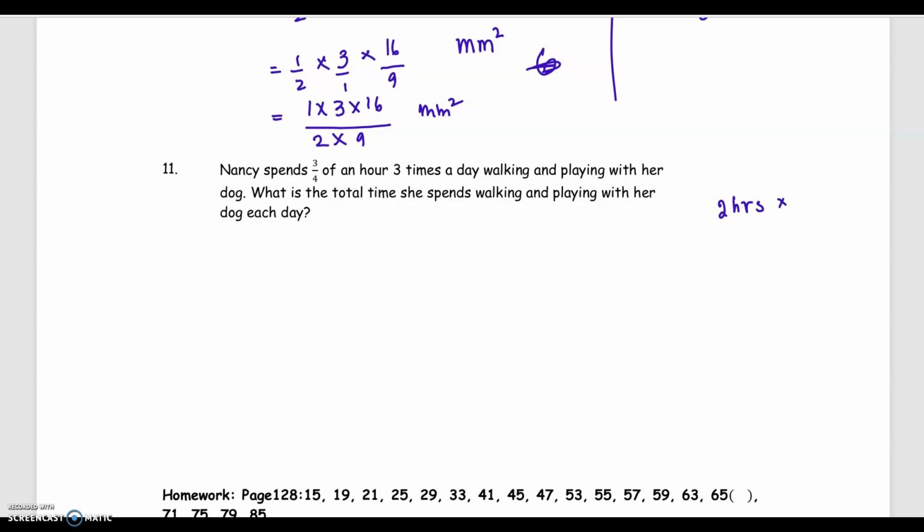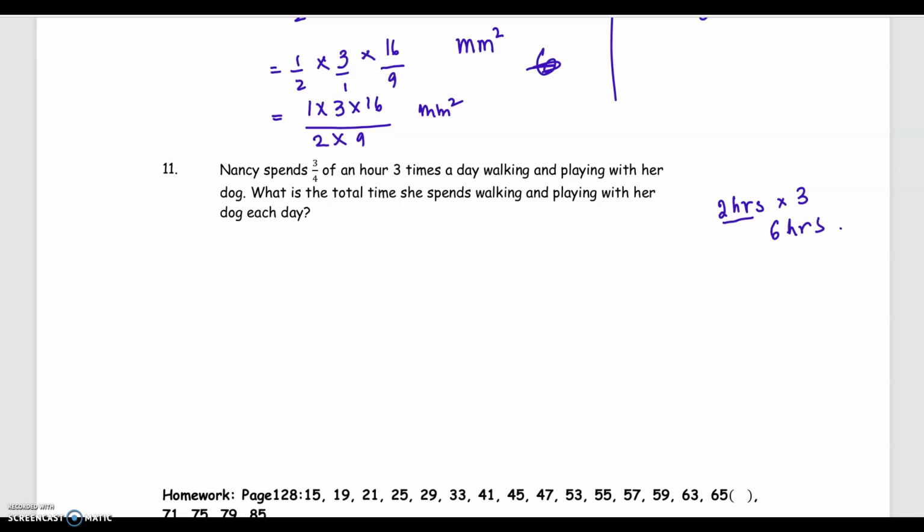What is the total number of hours she's going to spend? Every time she takes her dog for a walk, she spends 2 hours. So the total would be 6 hours.